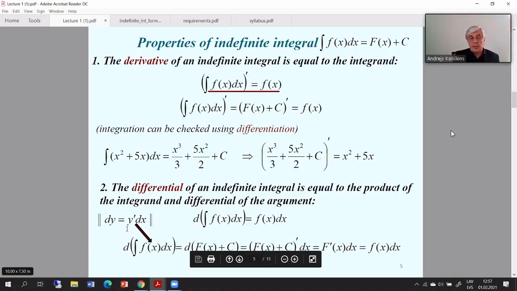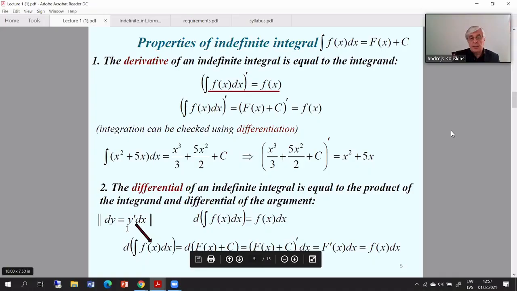So what is very important in the theory of indefinite integrals is this property number 6, which is known as invariance of integration formulas. So how do you understand this? That the integration formula remains its form even if the argument is not an independent variable, but some differentiable function of x.